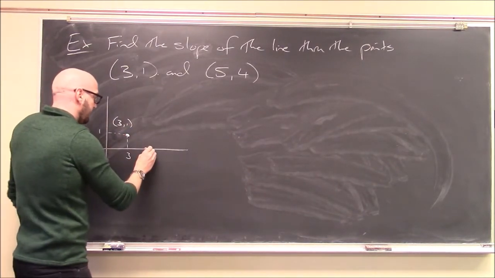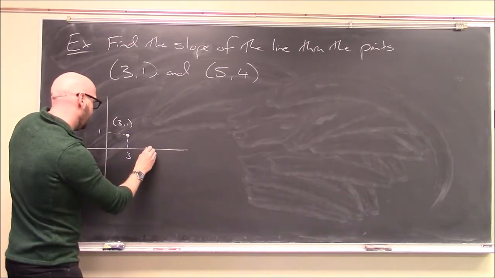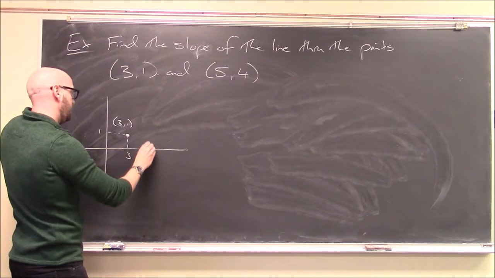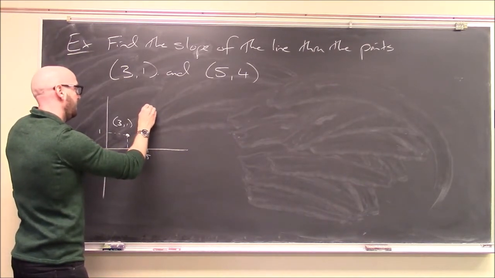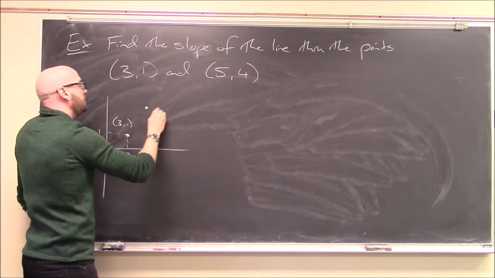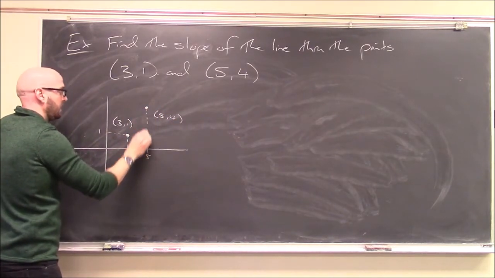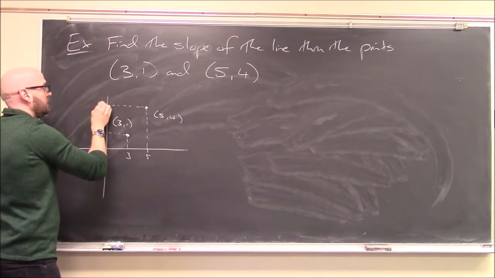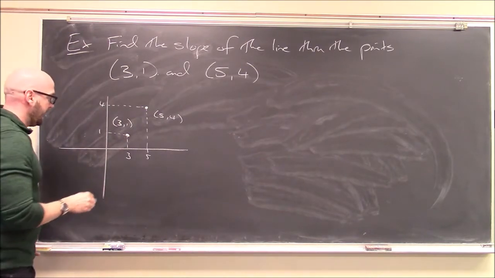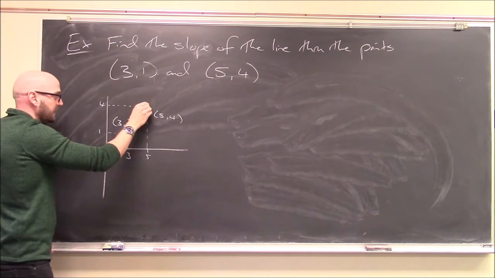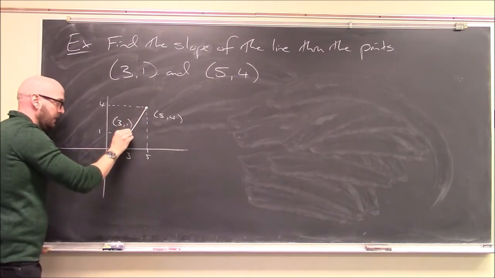So how about we try to plot this? If that's 3, 5, maybe about here, and 4 much higher up, how about up there? There's 5, 4. And we're looking at the line passing through these 2 points. There's of course a unique line that passes through 2 given points. It's this line.